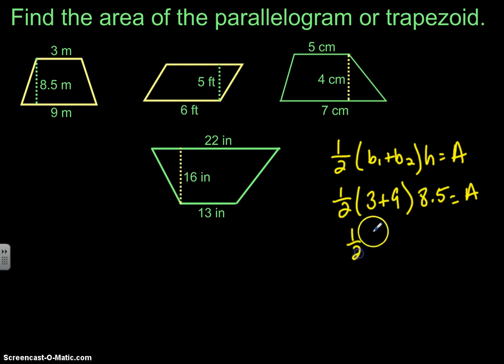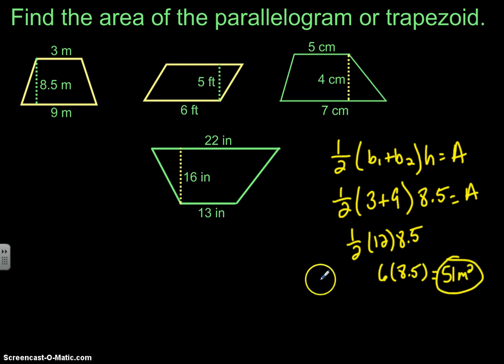I got 1/2 times 12 times 8.5. So you don't distribute the 1/2 because this isn't parentheses, it's just all multiplied together. So it's just 1/2 times 12, which is 6, times 8.5, and 6 times 8.5 is 51, and it is 51 square meters, because we're finding area.